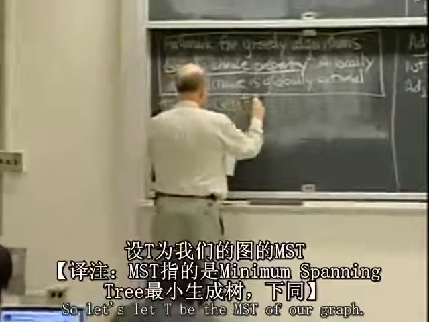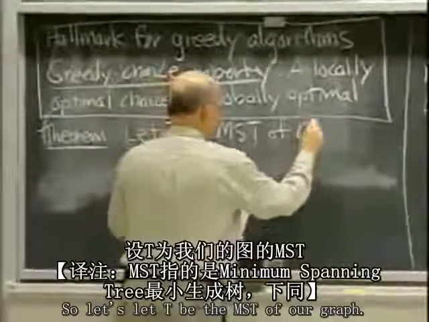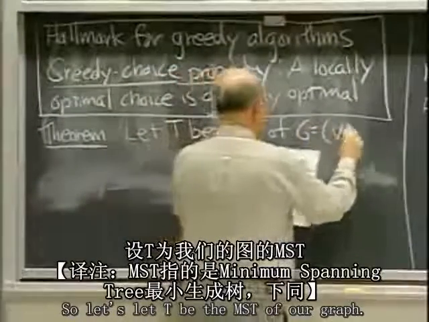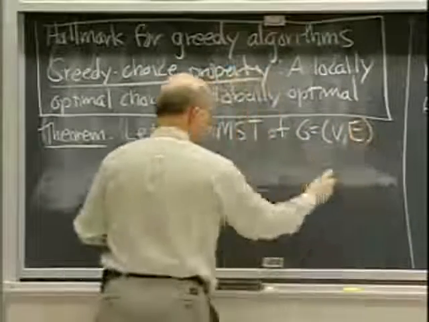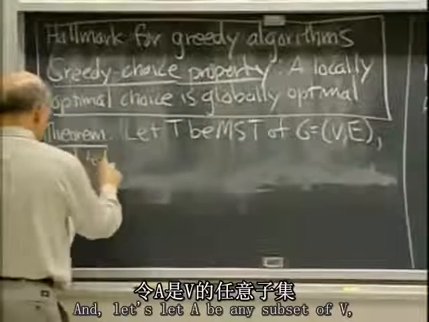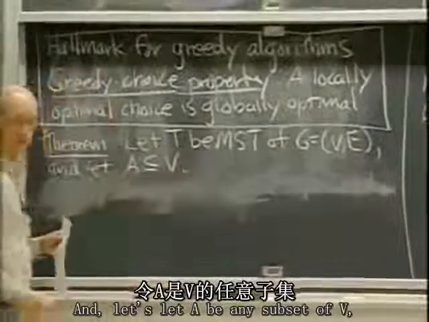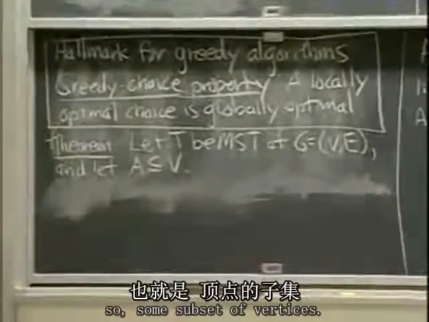So let's let T be the MST of our graph. And let's let A be any subset of V, so some subset of vertices.